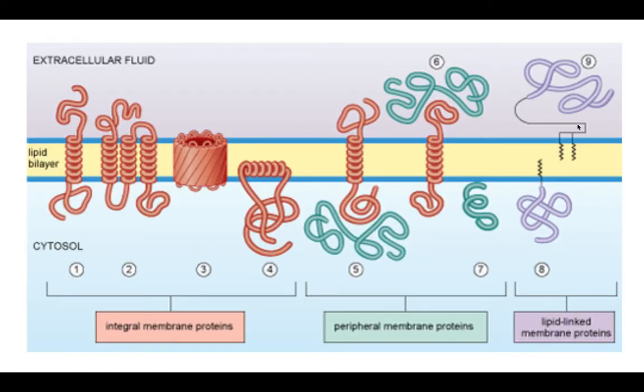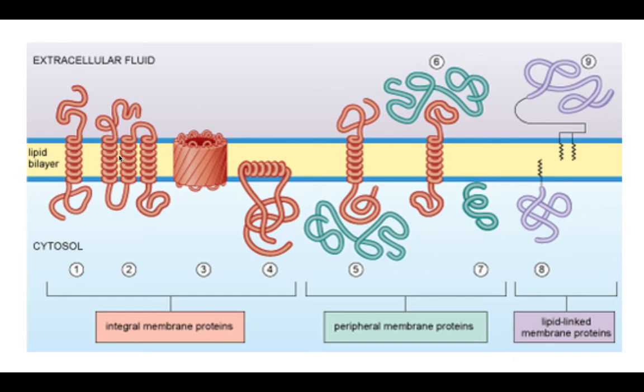This gives us a lovely picture of lots of different ways that proteins might look in a diagram. These right here are alpha helix curls. Remember those in our protein folding? So this is a very simple integral or transmembrane protein. These are more complex.